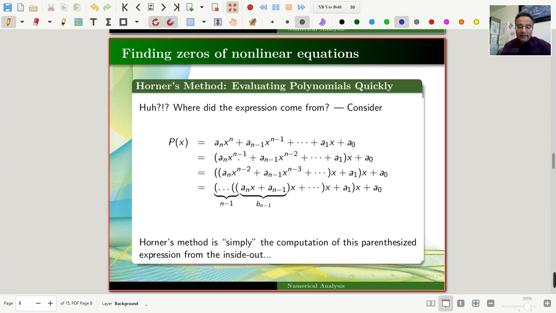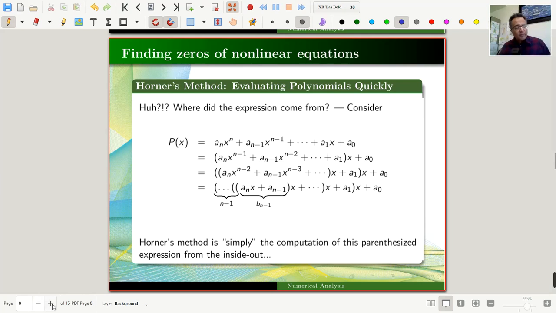Then inside this parenthesis you keep a1 out and factor x, and so on. The Horner method is simply the computation of these parenthesized expressions from inside out. First it computes this one, and then the other one, and so on.